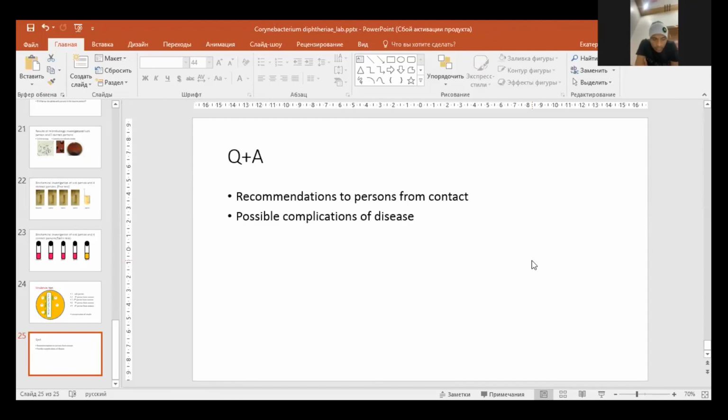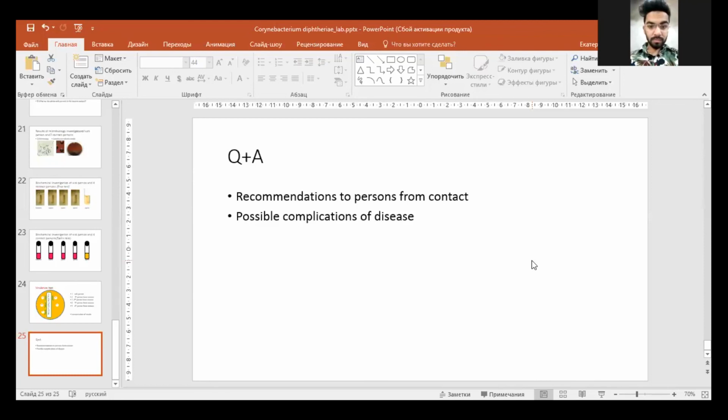Okay, you will isolate them, put them in quarantine. I agree. Next, you detected the Corynebacterium diphtheriae toxigenic strain in 3 of the 4. Three are carriers. And we can use specific prevention.